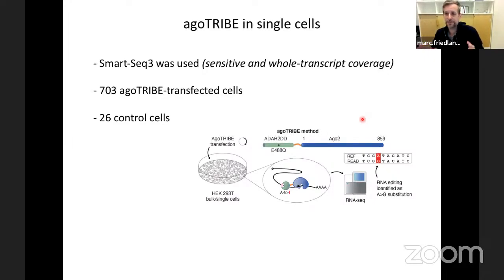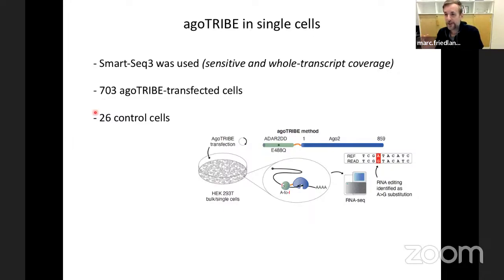So it doesn't do millions of cells, but it's very, very sensitive. And also it gives very good coverage of the whole transcript bodies. And this is something that's interesting because we want to capture at least the whole 3' UTR. And so we transfected this into 703 HEK cells, and then we had 26 control cells.